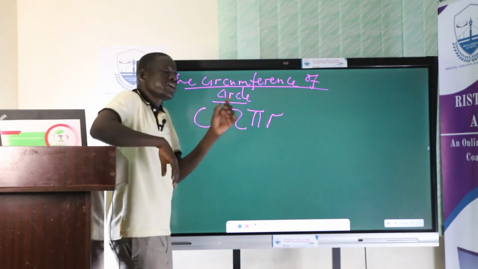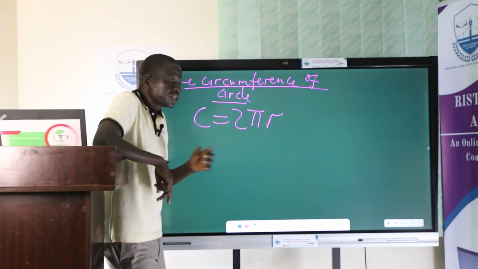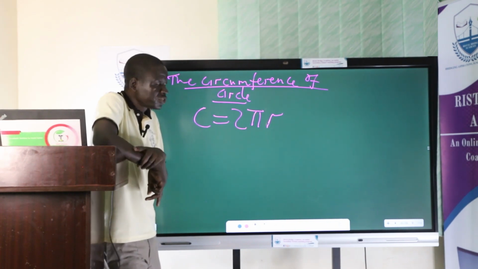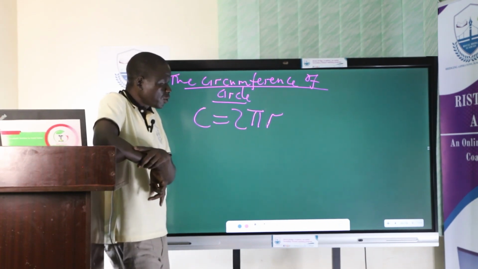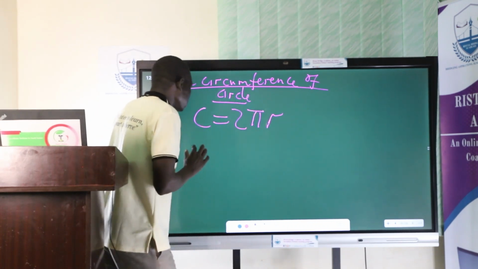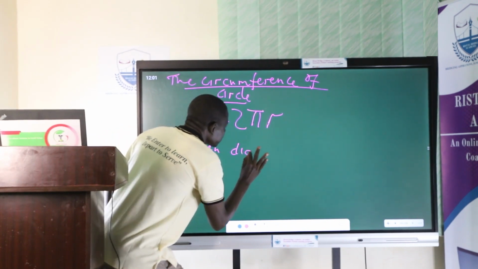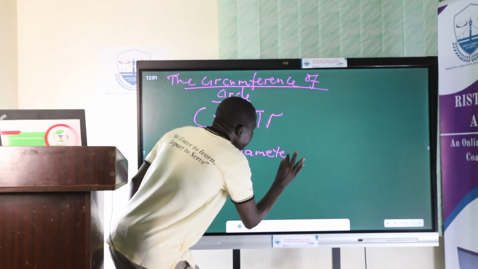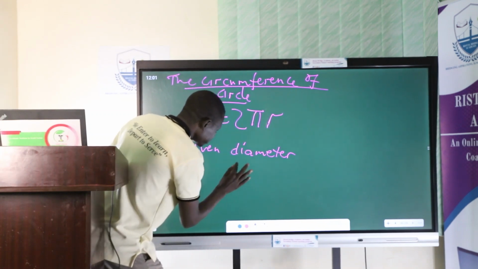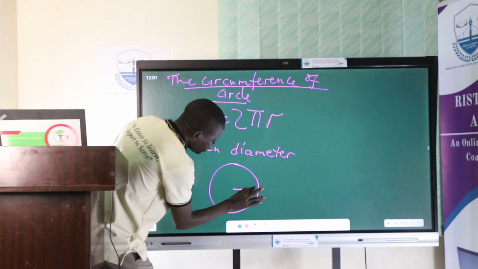However, when we are given a diameter of the circle, that if this is the circle and this is the diameter, then the circumference of this circle will be equal to pi d.